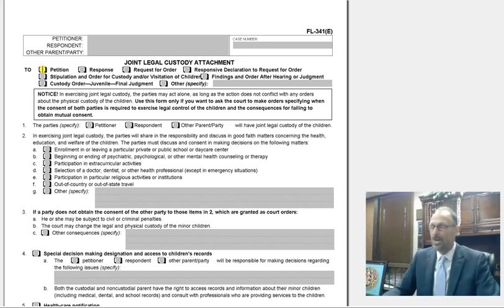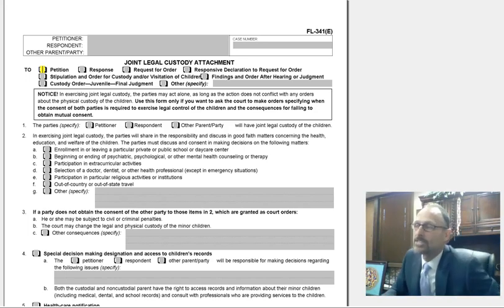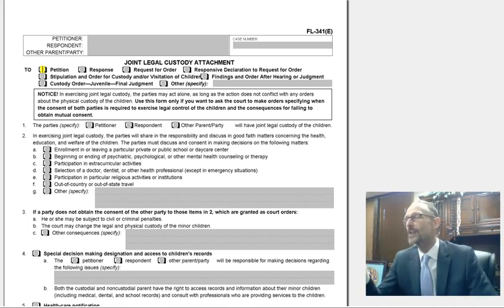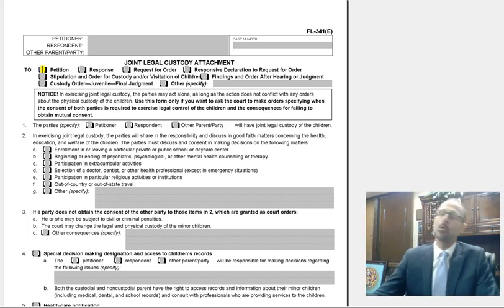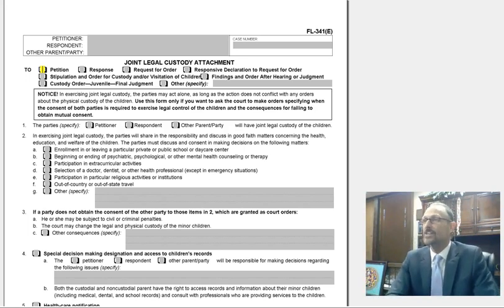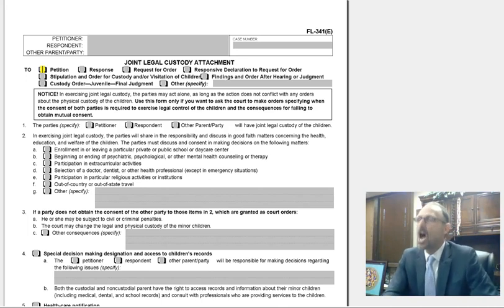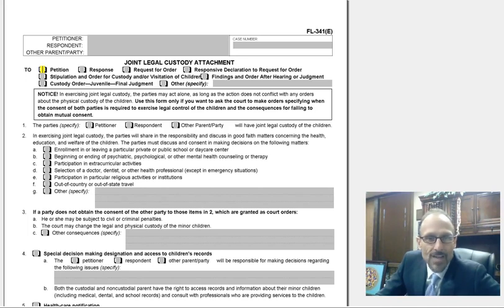So if you are constantly making unilateral decisions and you don't care what the other party says or thinks or how they feel about this stuff, I'm here to tell you, I have had judges change physical custody, because the one parent is not working with the other parent so pervasively and so seriously that it harms the kids. So don't fool yourself. Judges will do that. So, work together. Co-parent.